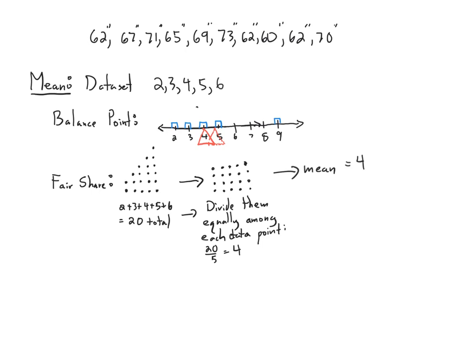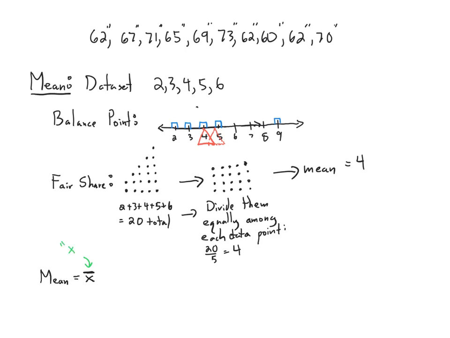And thinking of it in the fair share model gives us a way of calculating the mean. All we're doing is adding up the values of the data points and dividing by the number of data points. Sometimes you'll see the notation x with a little bar over it, and we call that x bar. So you might see that as well.